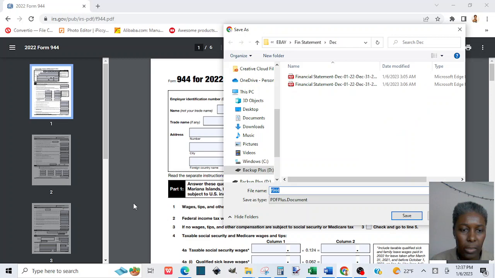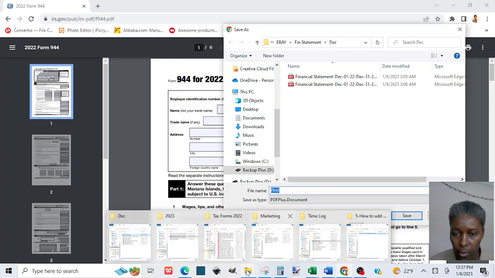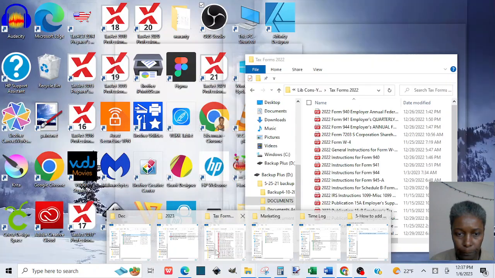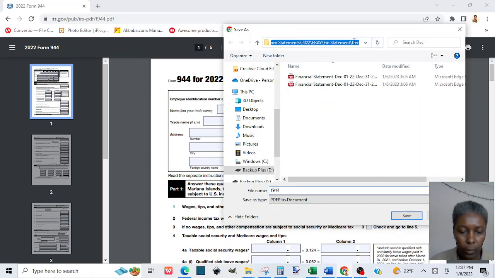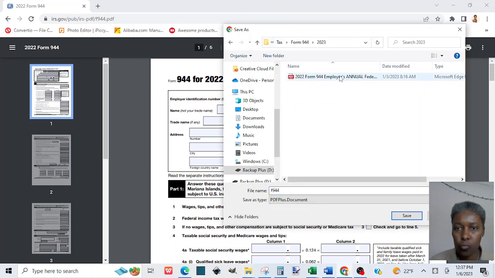And now you can open the form. And we can just name it Form 944 for 2022.